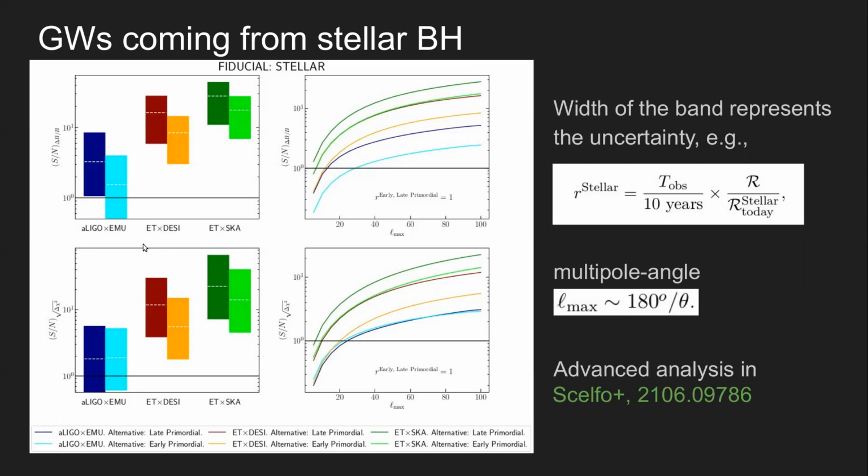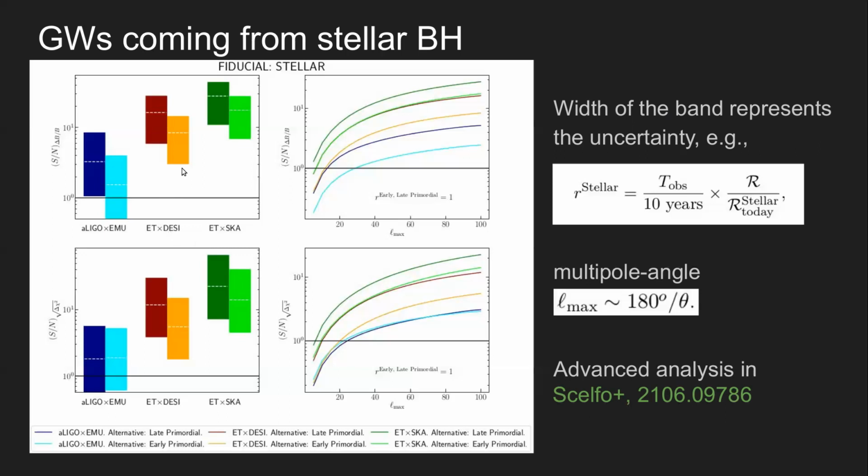Then you can see that already with the combination of Einstein Telescope and DESI, we are going to start finding a signal-to-noise ratio bigger than 1, which means that we are able to say that one scenario is correct while the other is not.